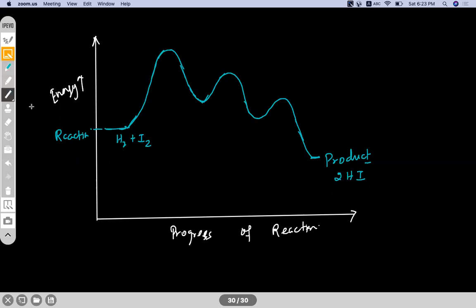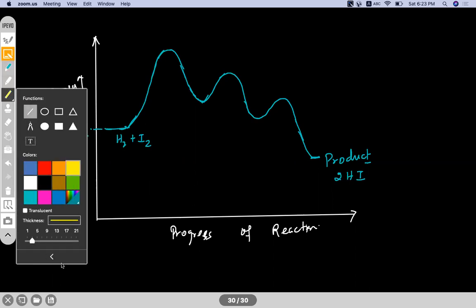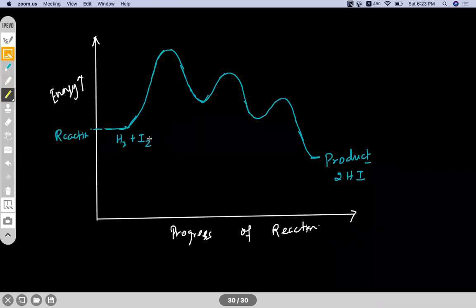Now, if you try to understand how the reaction proceeds, any reaction when it happens, the reactant molecules collide, its energy increases and increases, goes to a maxima value. At this point, we'll get the activated complex. This activated complex either converts into an intermediate or product, or converts back into the reactant molecule depending upon the condition. That condition we'll discuss in the next topic.